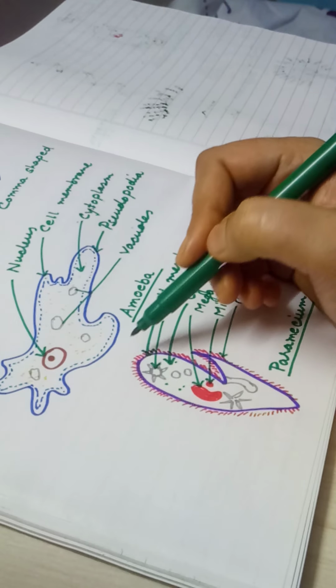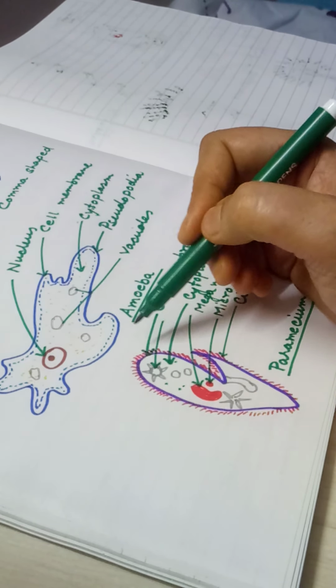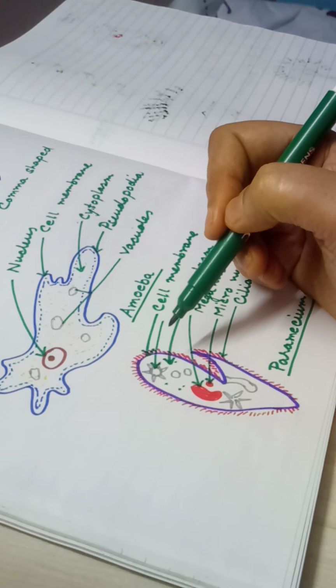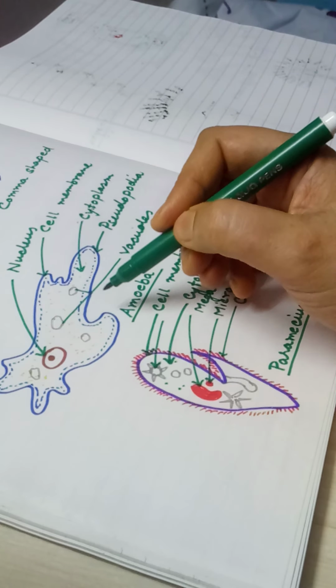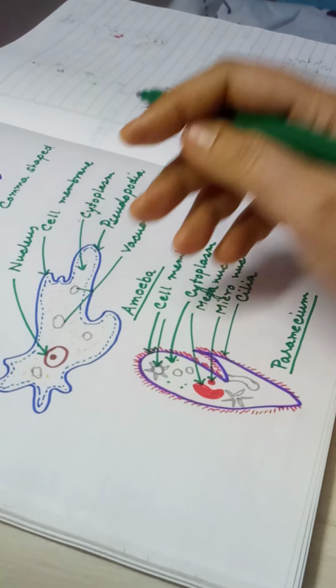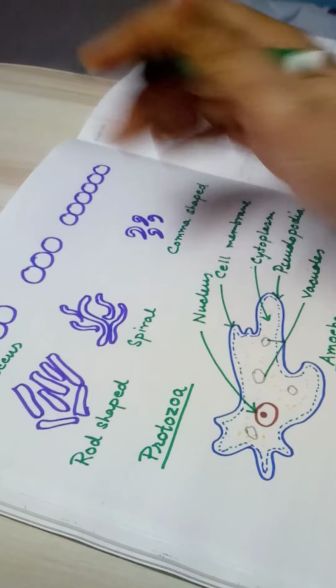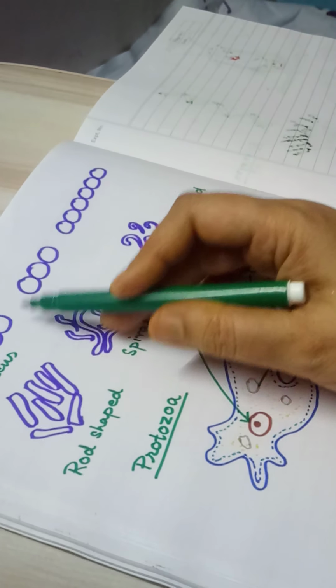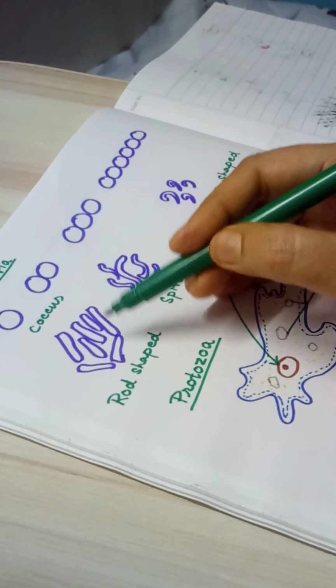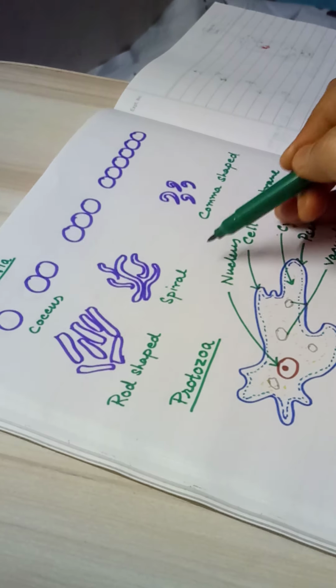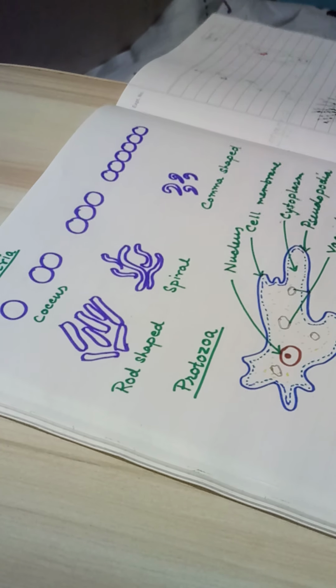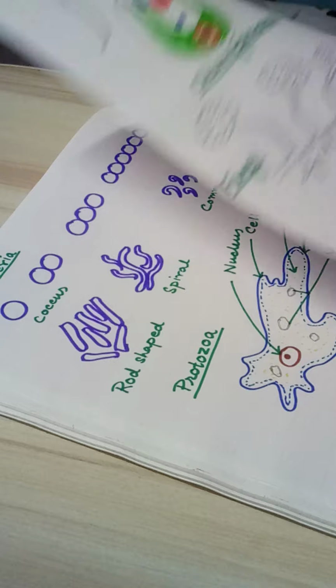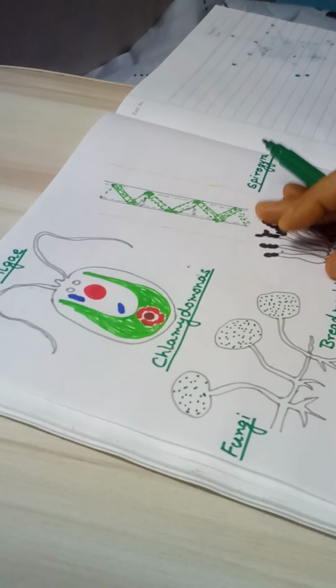I have drawn these two, and here it is a brief recapitulation of last chapter which we read, the cell structure and function, right? But here you see the other which I have drawn, some round or spherical structures, some rod shaped, spirals, comma shaped. So this is actually you read about. I'll be discussing again.